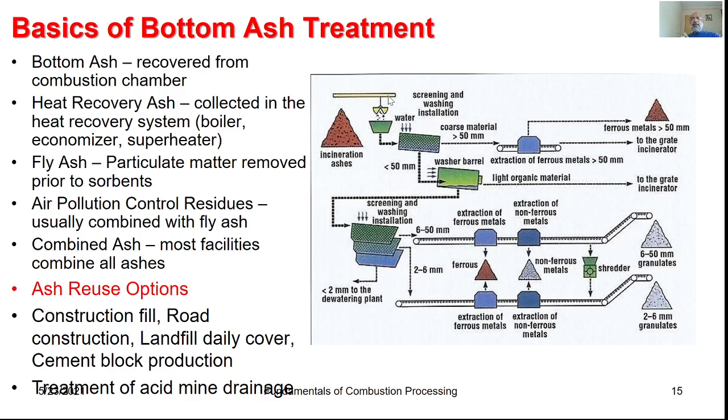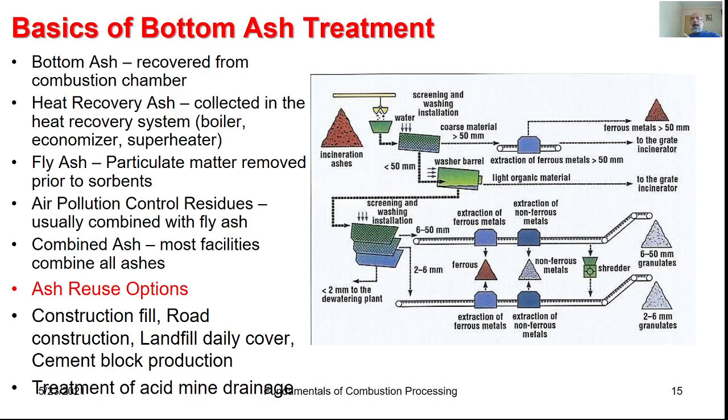As we discussed earlier, ash is generated through burning as bottom ash, so through the grates it can be collected separately. As well, some gases as they move out with high speed carry a load of particulate, and that is nothing but the fly ash.